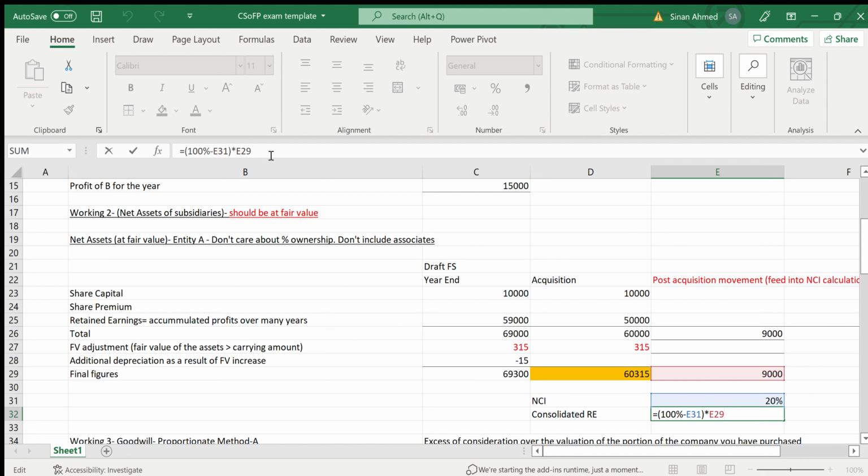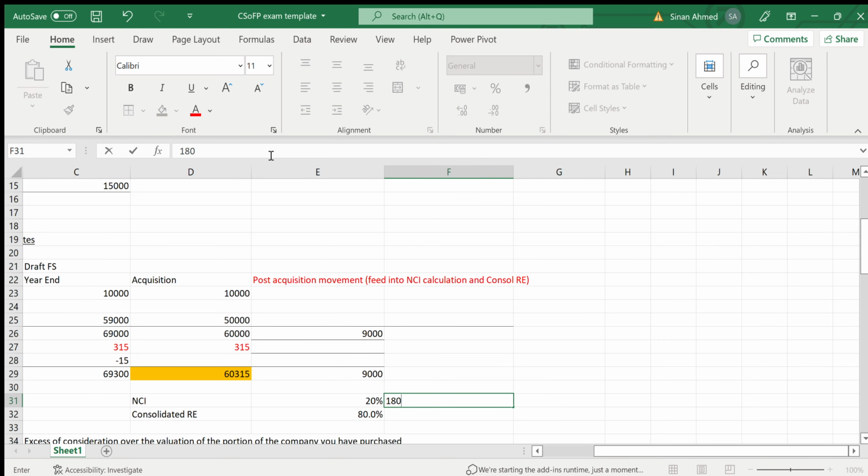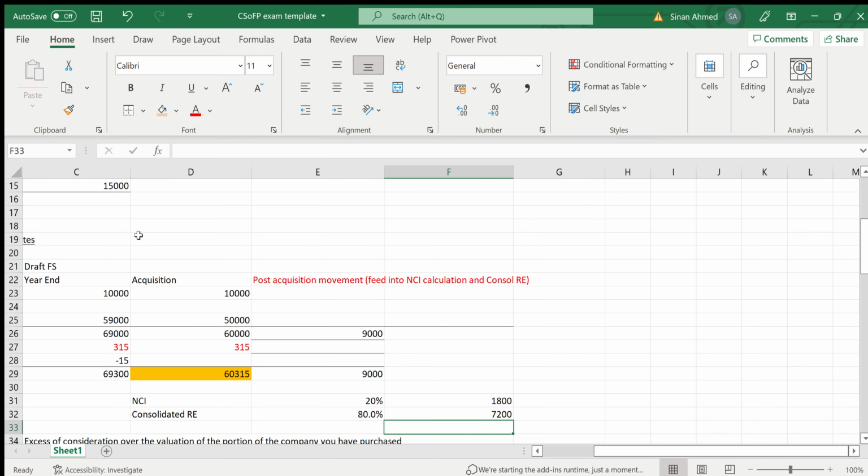So it's getting 80%. So from this, the NCI is getting 20% of the 9,000, which is 1,800. And the consolidated retained earnings is getting 7,200. And that works because the total is 9,000.